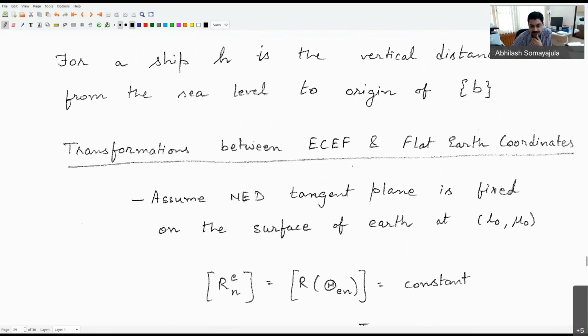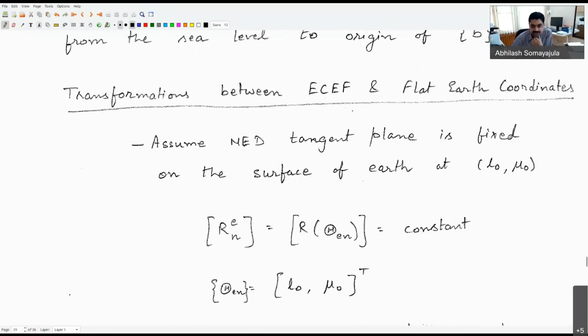So let's proceed further. Although latitude, longitude, and height are good enough for us, we are really interested in the transformation from the Earth-centered, Earth-fixed frame. This is the frame in which the GPS makes its measurements, and we want to transform them into what is called flat Earth coordinates, or our NED frame.